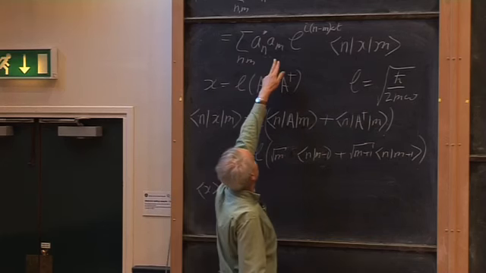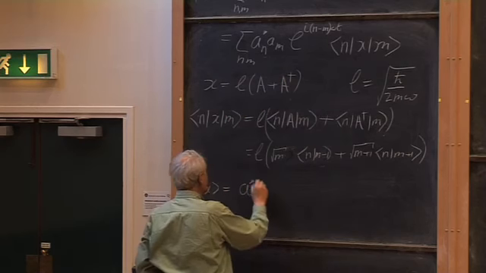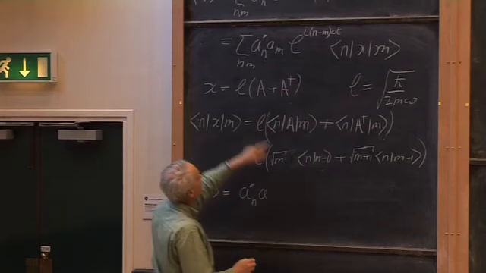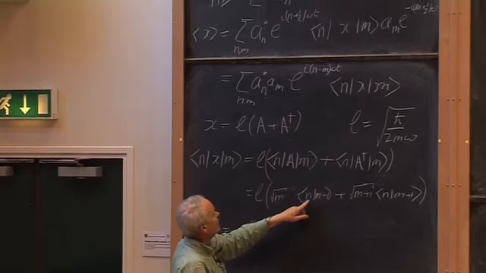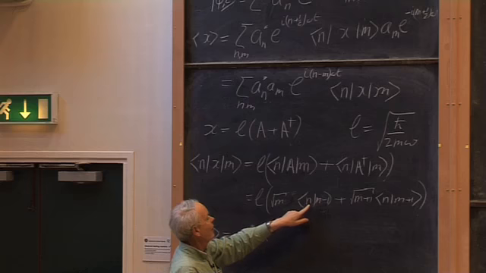When we do this first one, sum over n, we're going to have a_n star, a_m. In order for this to be non-zero, m has to be 1 bigger than n.